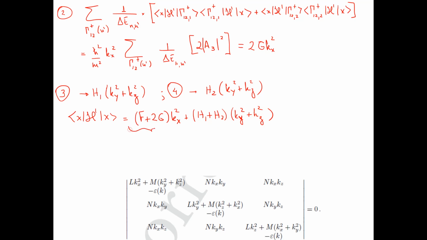I can relabel these constants. I can call this L, I can call this M, and this is precisely what you have here. Okay? So this is just the first term. You see the other terms are similar.